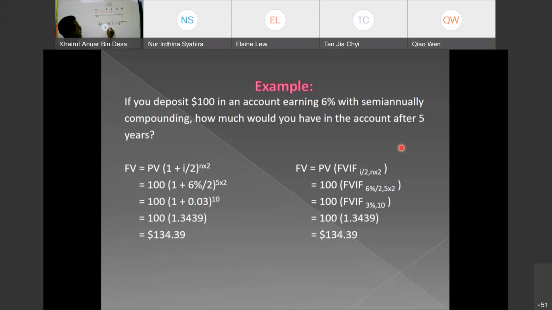So here 100 times 1 plus 3%, power of 10. So the answer is 134.39. Okay, boleh dapat?